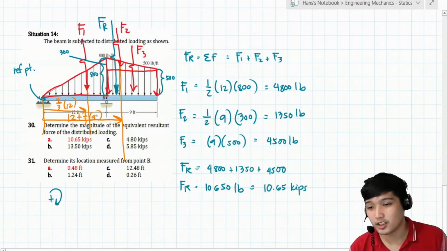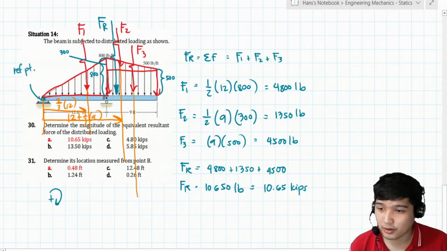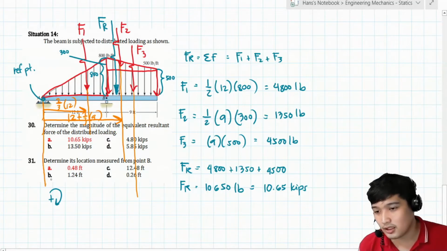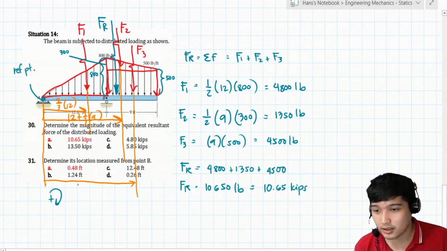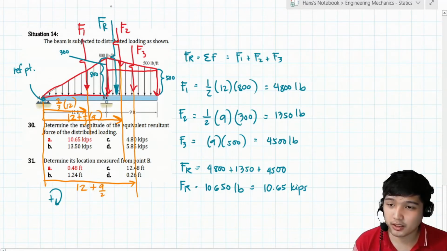Okay, so sana nakikita niyo pa yung sinusulat ko. And lastly, yung F3. So, ito yung line of action niya. So, from A, ito naman yung perpendicular distance niya. So, that is how much? Yung naunang 12 plus kalahati nung 9, 9/2. And then, denote natin yung perpendicular distance na itong FR.